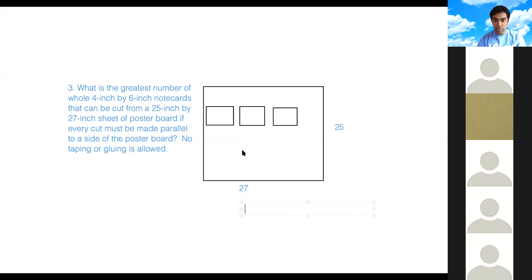Let's say the 6 dimension along the 27, so we can do up to 4 cards this way.